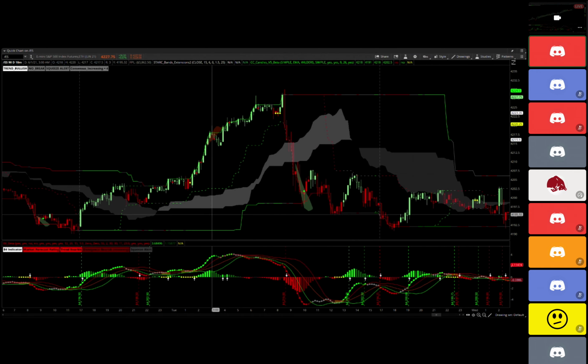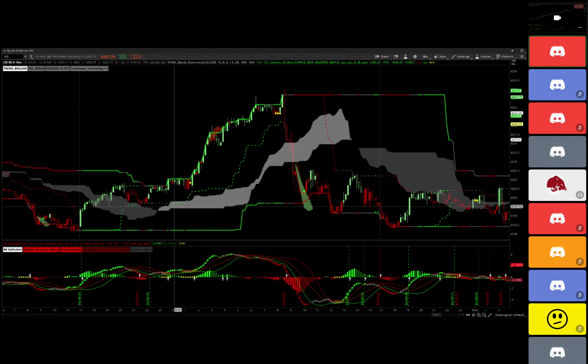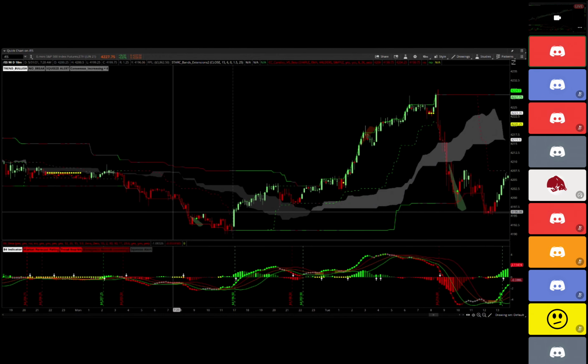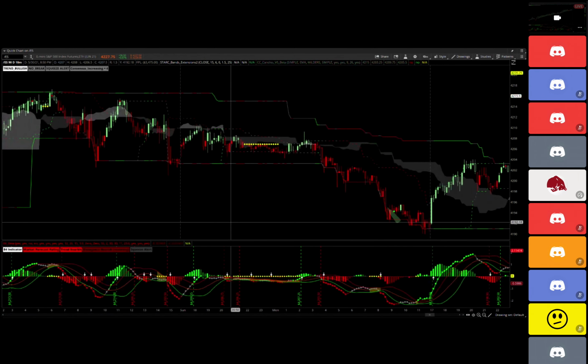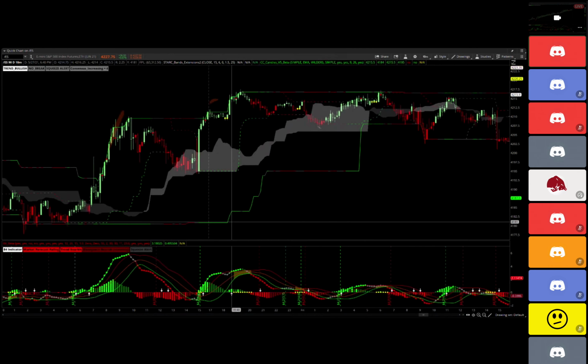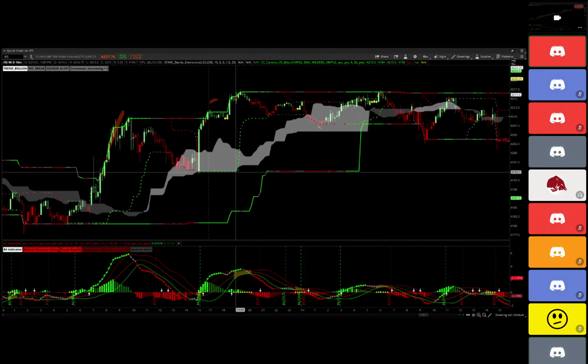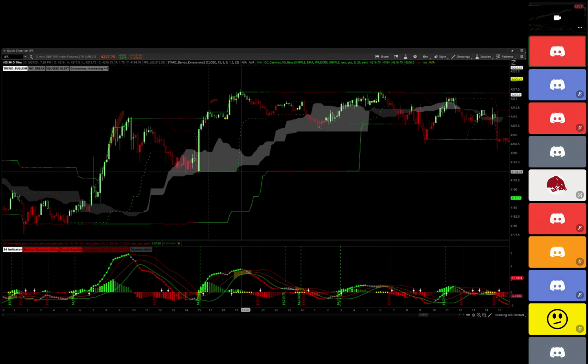But in a very basic sense, these things are support and resistance levels, and you're looking for instances where it's gaining support. So this part of the Ichimoku cloud is Senkou Span B, and it's also known as the last stand.